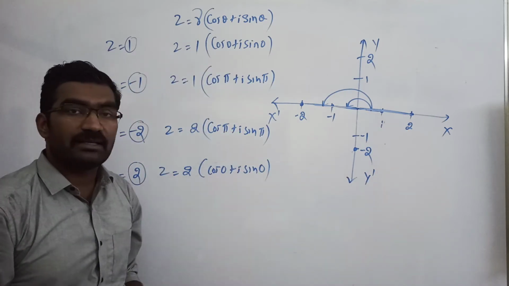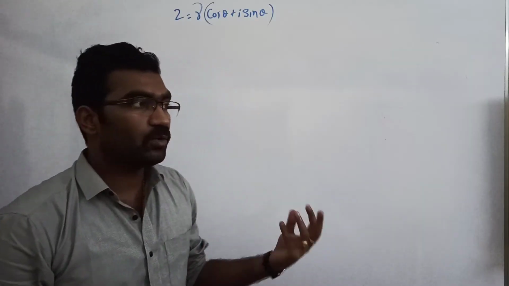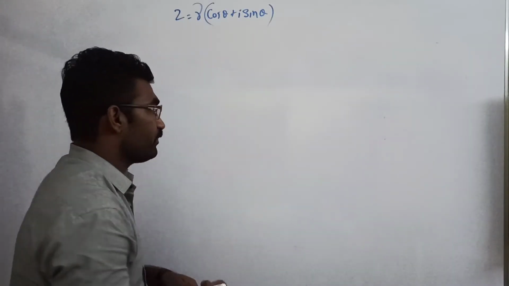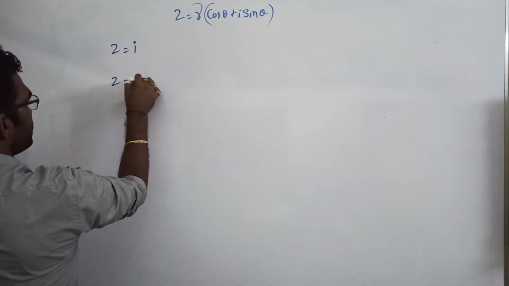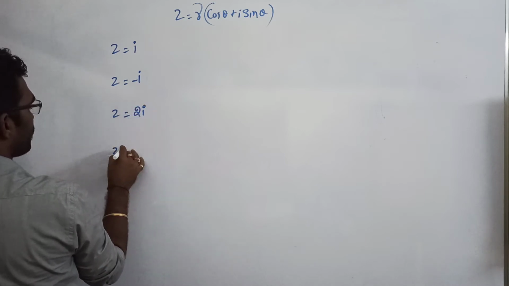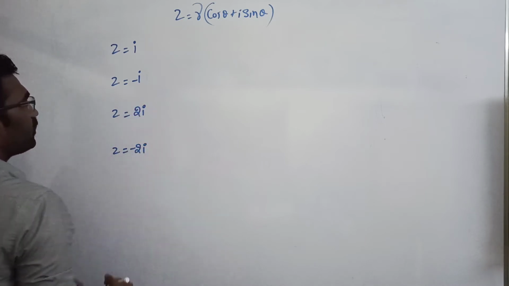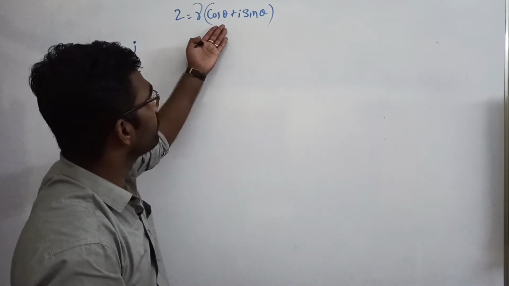So next we will see how to represent the purely imaginary numbers in the polar form. For example, z is equal to i, z is equal to minus i, z equals 2i, z equals minus 2i. These are the purely imaginary numbers. So how to write them in the polar form?